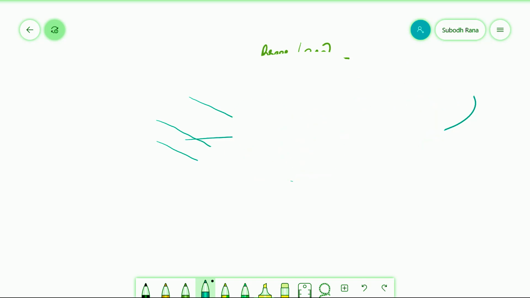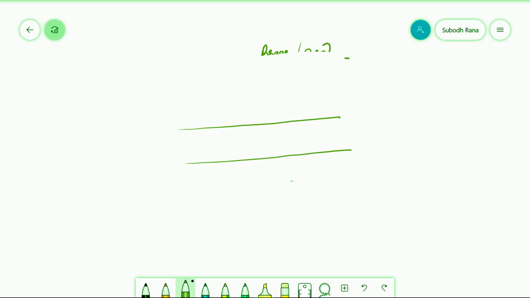So now we'll try to see here. Suppose this is the plane and this is the interplanar distance. This is the incident ray and the reflected ray, and here is your normal. Similarly, there will be another wave.